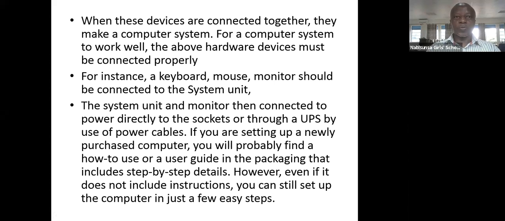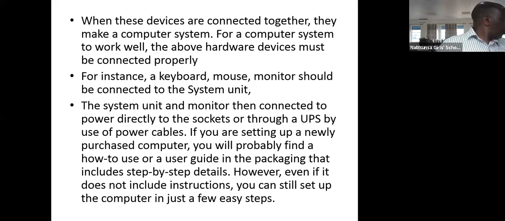For a computer system to work well, the above hardware devices must be connected properly. For instance, a keyboard, mouse, and monitor should be connected to the system unit. The system unit and monitor then connect to the power directly to the socket or through a UPS by using power cables.